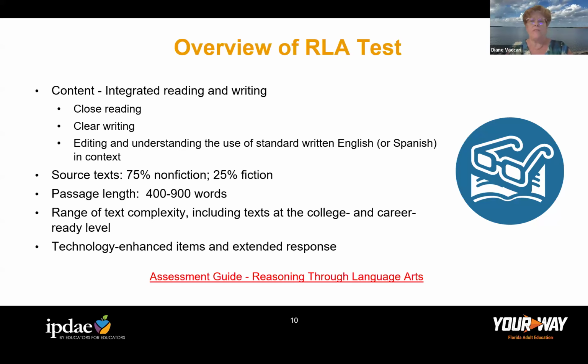Remember that we're trying to differentiate not only between an individual who can earn the high school equivalency exam, but also go above and beyond and earn college and career ready levels. There are technology enhanced items and the extended response on the RLA, which I said earlier.